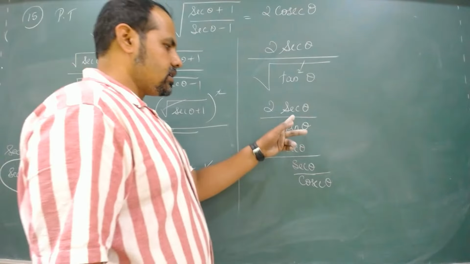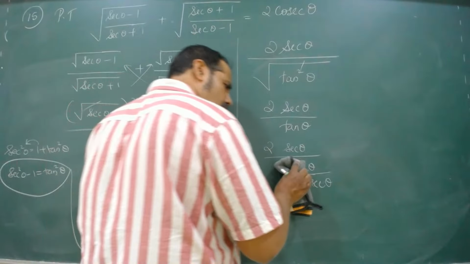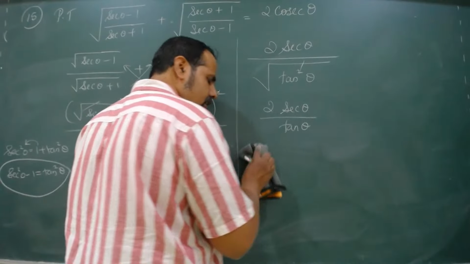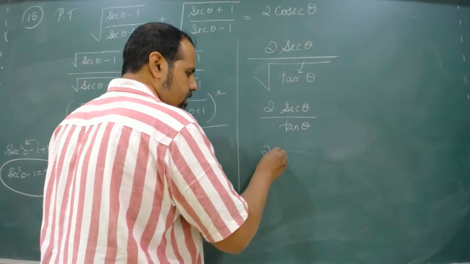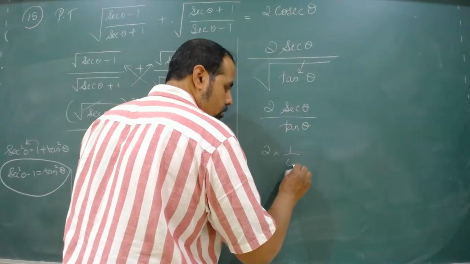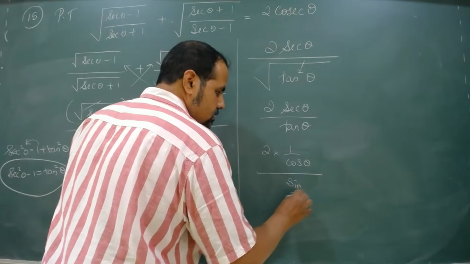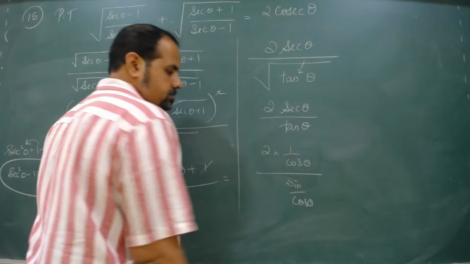Sec theta, I'm going to write as it is. Tan theta can be written as sec by cosec, or if you are getting confused, no problem. Here write sec as 1 by cos, divided by tan as sine by cos.